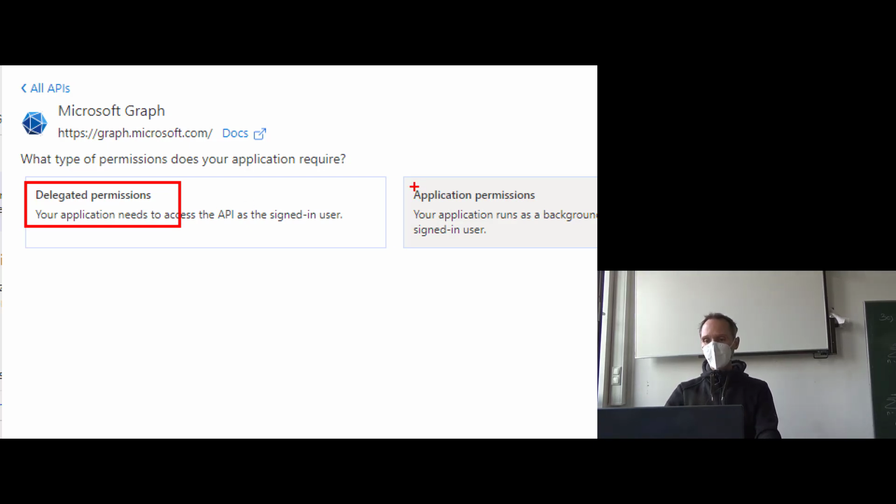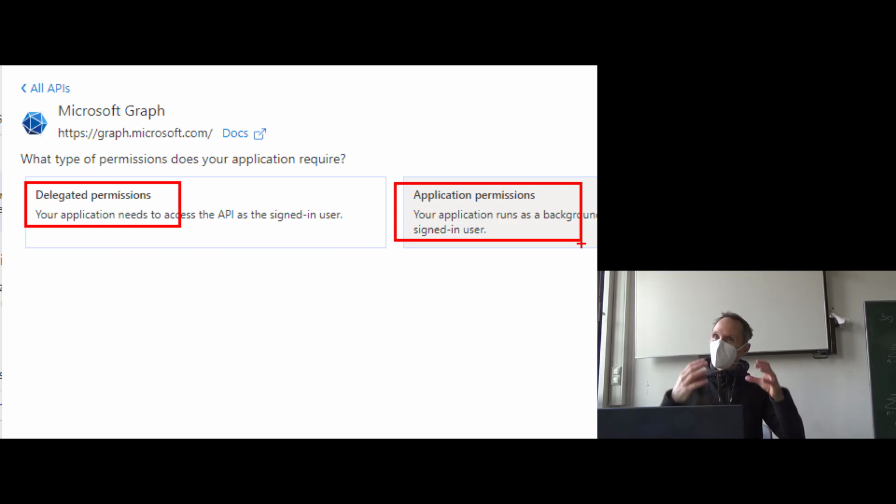The second one, application permission, is different. Application permission means there is no human being. Nobody will sit in front of the computer and sign in. That will not happen. The application itself should have the permission to access some APIs. It could be a background service.